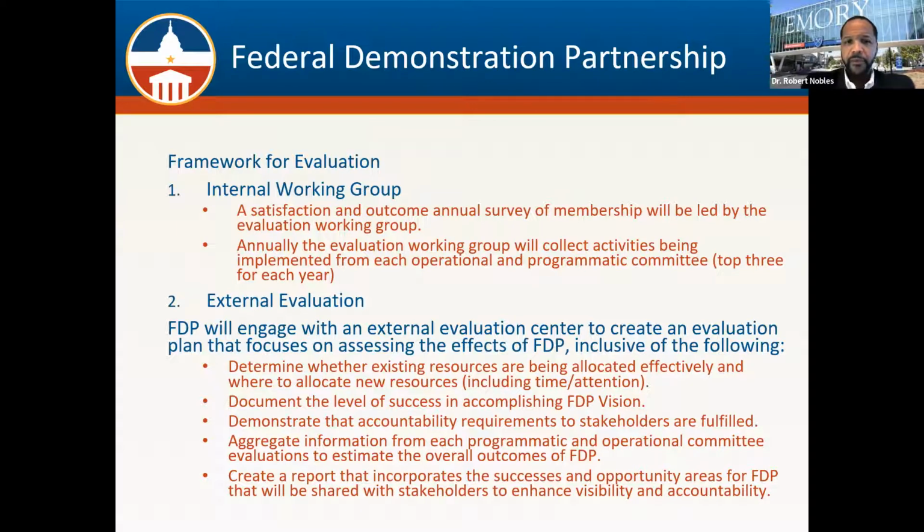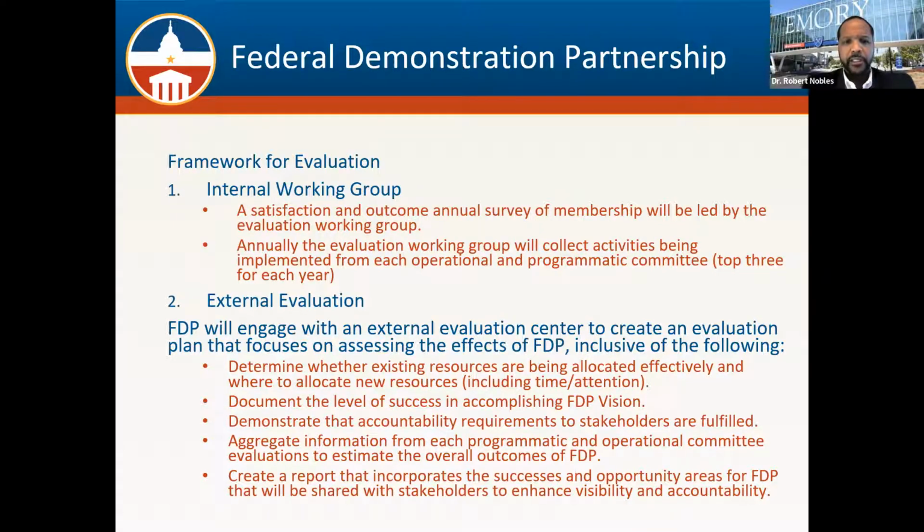Demonstrating that accountability requirements to stakeholders are fulfilled, and just to give you one of them, each partnering institution should have a faculty representative, a technical representative, an administrative representative that is actively engaged in FDP, which was the promise when FDP member organizations signed up to be part of FDP. And so we would be assessing the level of engagement of the institutions and the individuals that are named into those roles within FDP. That's an example of that fulfillment.